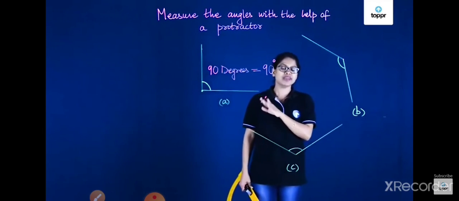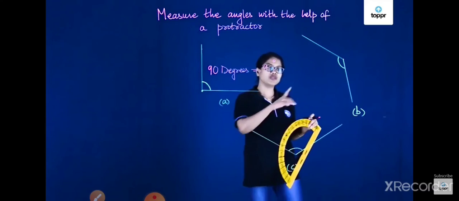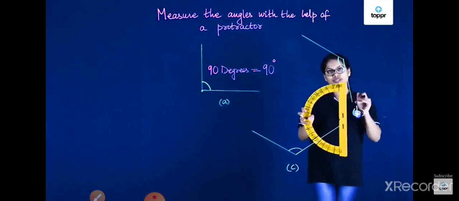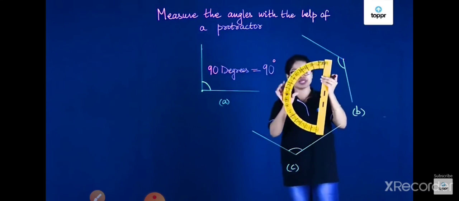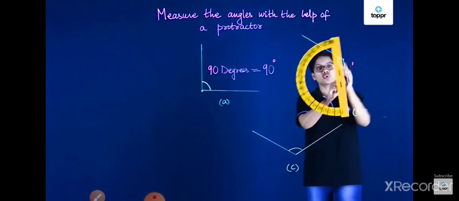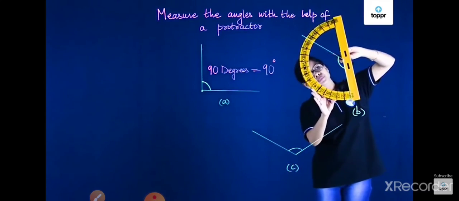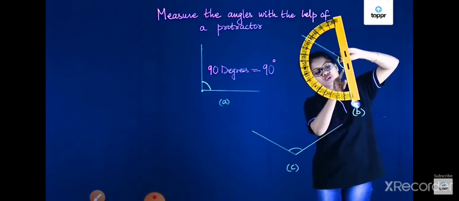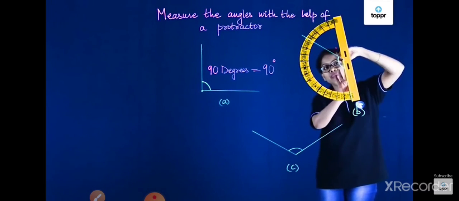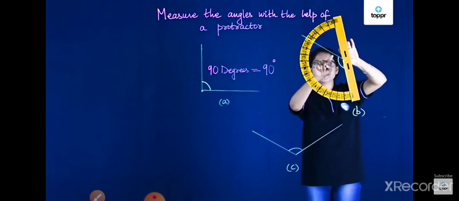Exactly in the same way, let's measure another angle. Here is the vertex, which we need to ensure coincides with the middle point. So I'm placing the protractor so the middle point coincides with the vertex, and the baseline coincides with the base of the angle.